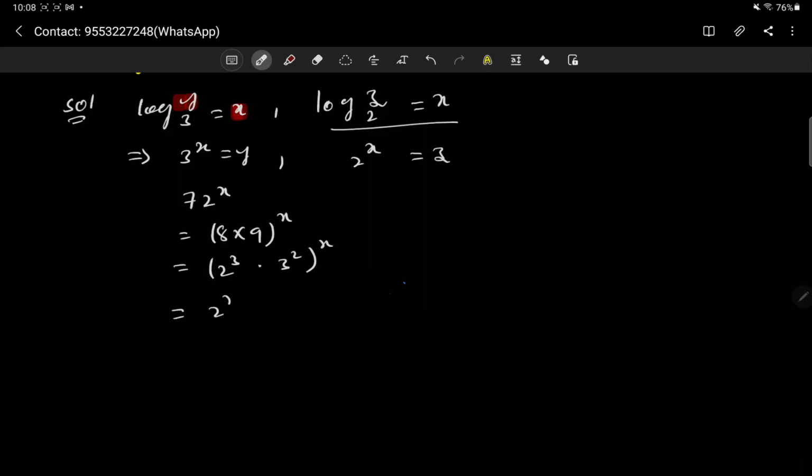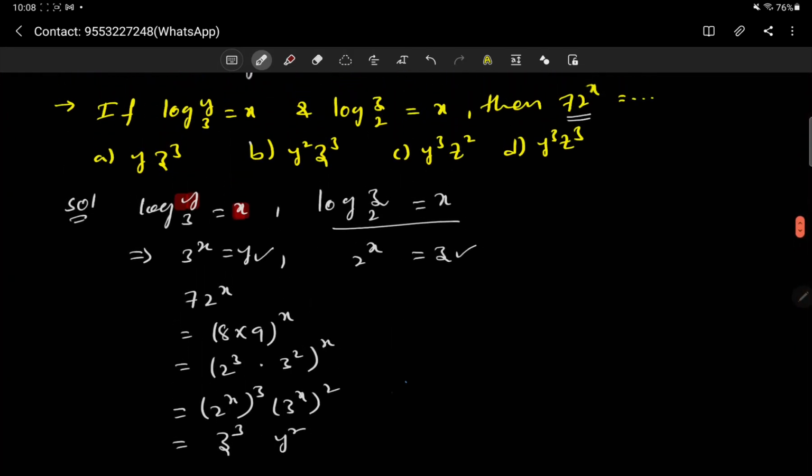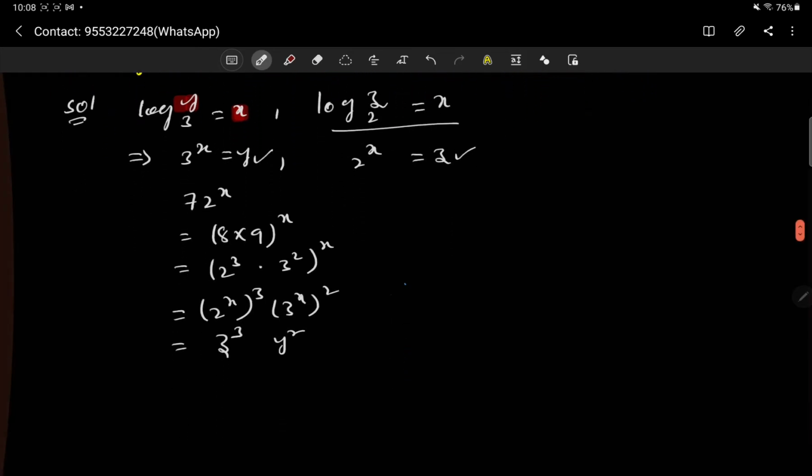From here, 2 power x whole cube we can write, and 3 power x whole square you can write. What is 2 power x? It is z, and 3 power x is y. So we have z cube y square. Z cube y square is there in the second option, so the second option is the correct one. This is a simple problem.